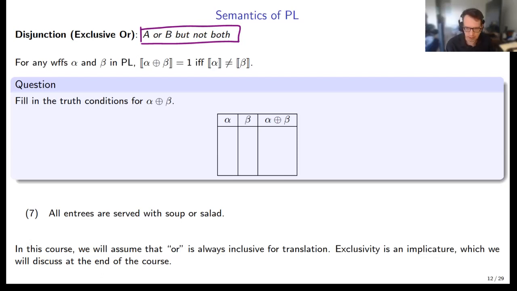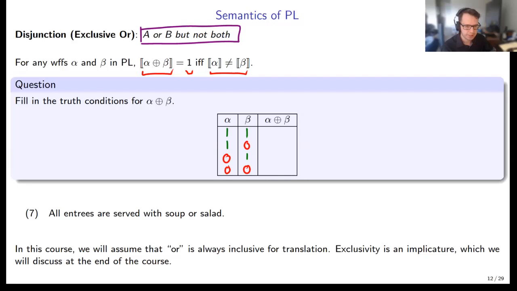How this is described is we say that A exclusive or B is true if and only if the values of alpha and beta are not the same. So how this looks in a truth table is as follows. So we can set up our truth table.